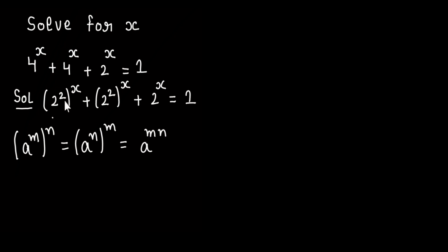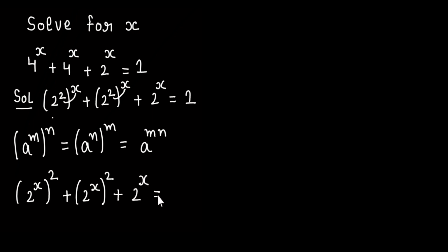So I can interchange here, there is 2 and here is x, so I can interchange these two values and we get 2 raised to power x raised to power 2 plus 2 raised to power x raised to power 2, and here I got 2 raised to power x equals to 1.